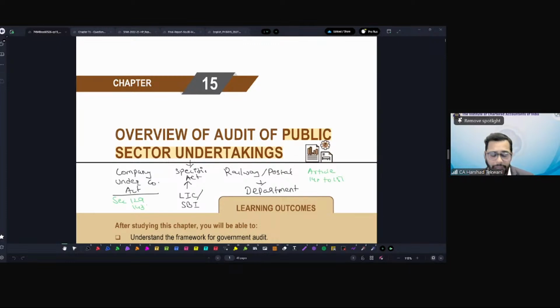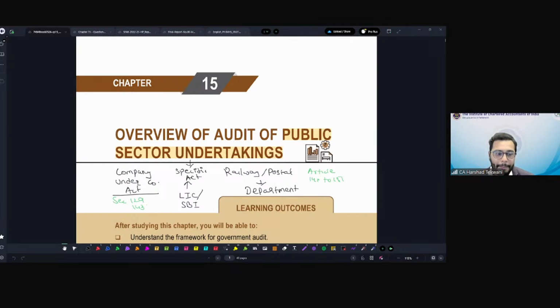How will we proceed today? To understand the audit of public sector undertaking, we'll take the help of the reports which are available in the public domain. I will explain from there how the audit is carried out, what the different kinds of audit are, and then we will come to what happens after the audit, such as placement of the reports in Parliament or in the legislative assemblies of the states.